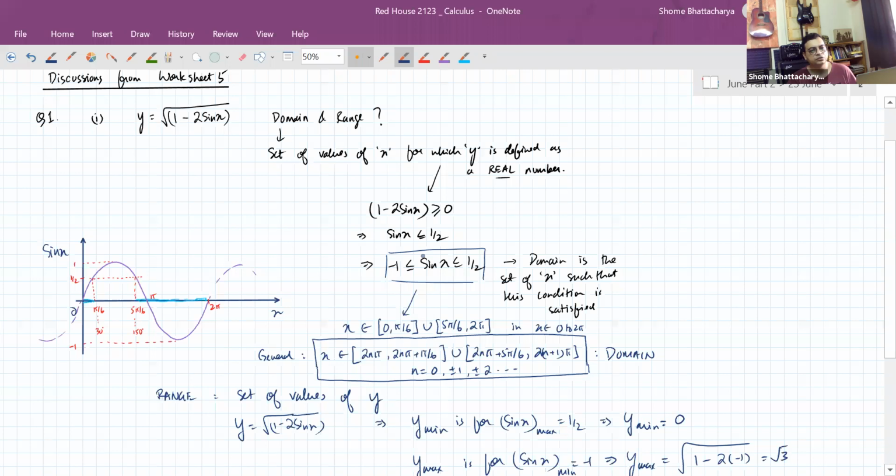So basically we have to remove those parts for which sin x is becoming greater than half. So that is between 30 and 150. So between 0 and 360 degrees, we can take all values of x other than between 30 and 150. So this becomes the domain in the fundamental cycle of 0 to 2 pi or 0 to 360. Then we have to just generalize the solution to the 2n pi form because it's a cyclical function.